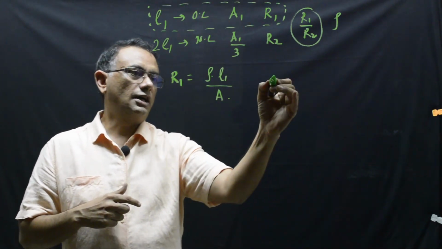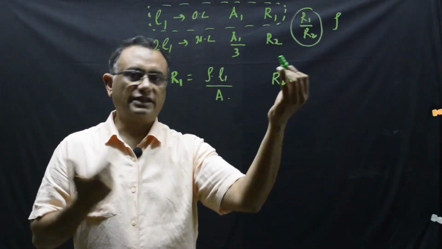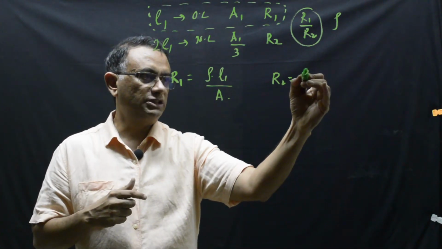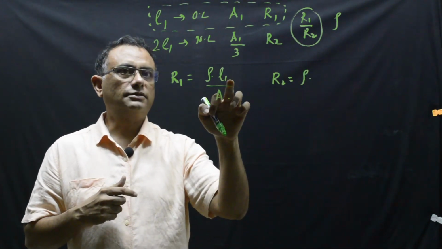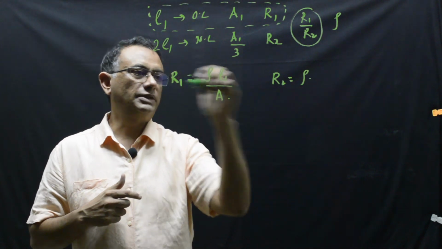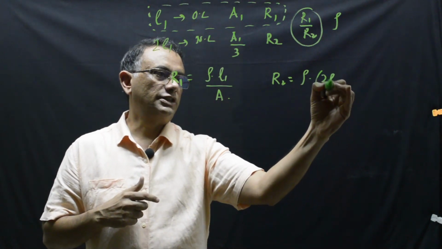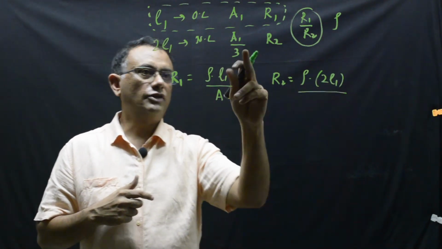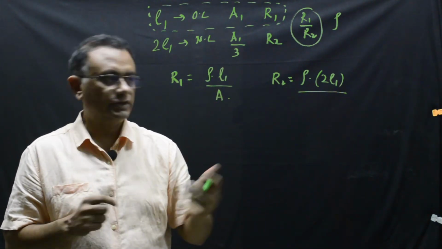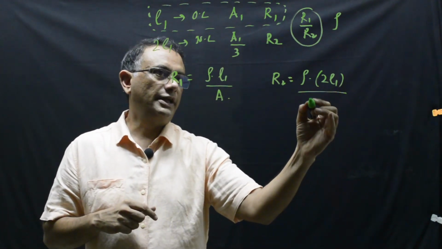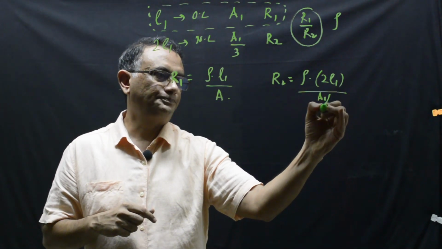Then R2 is going to be, resistivity is the same because the material has not changed, rho into the new length 2L1, and the area of cross section has become 1/3 of the first one, so A2 is A1 by 3.